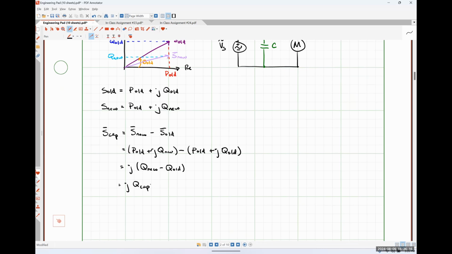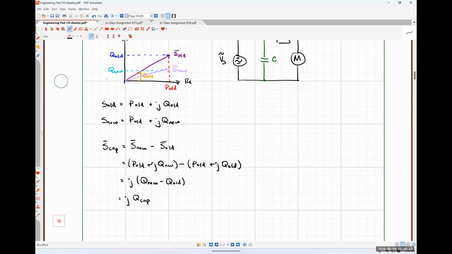Okay. So this is what's going on in the system, and that's what's causing our graph to look the way that we want it to. Now we need to figure out how this relates to our capacitor value itself.